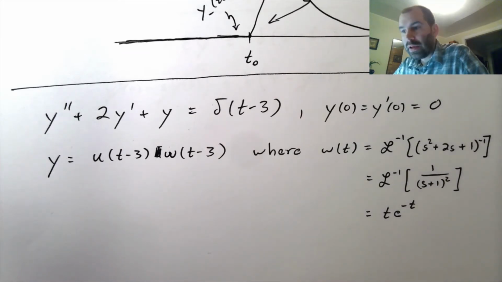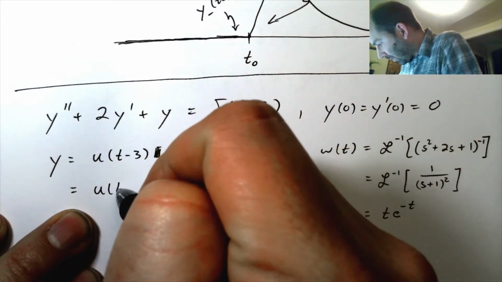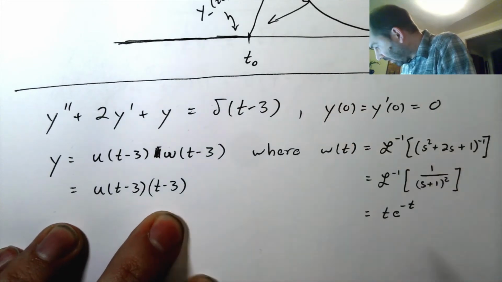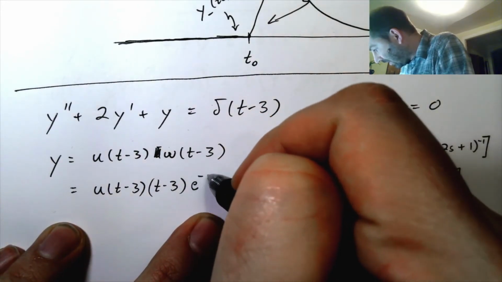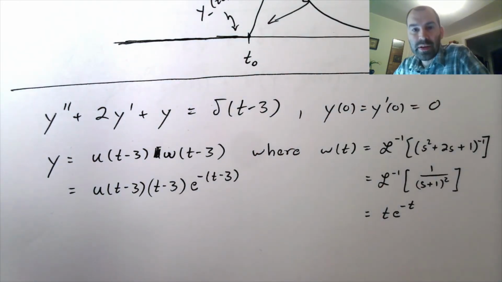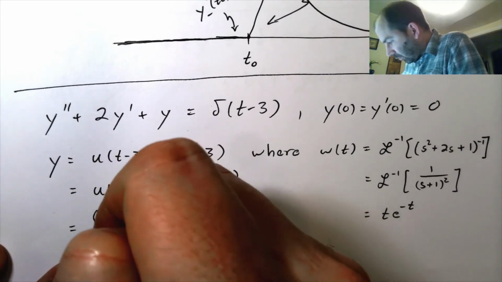Okay? So another way to write down our solution would be, if I plug in t minus 3 in there in place of t, we could write it like this. Okay, or we could write it piecewise like this.